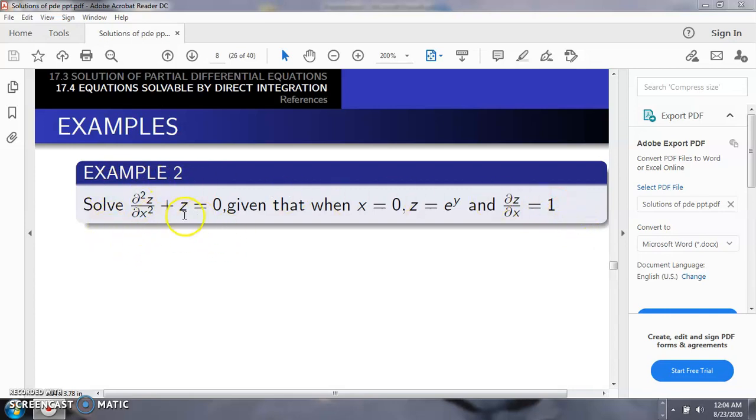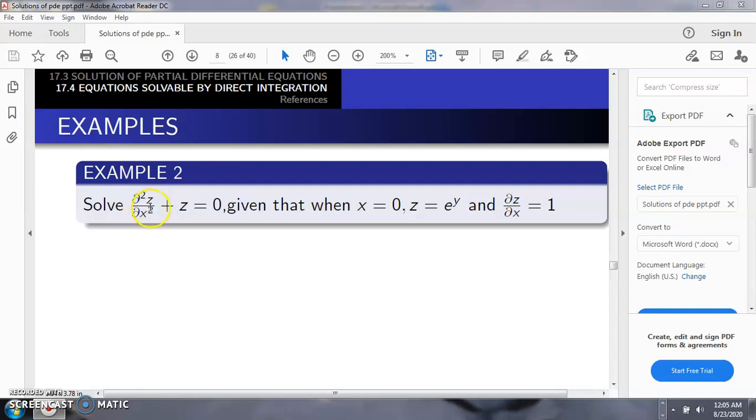So in this problem, we have the partial derivative ∂²z/∂x², which does not contain y. That means here we have no partial derivative with respect to y. So here what we are going to do is suppose z is a function of x alone.